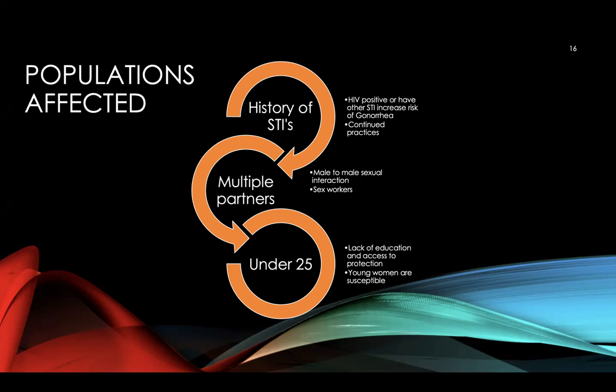And like we said earlier, the younger population, right around age 25, so age under 25, are also a population affected. Some things that might have to do with this is lack of education and or access to protection. And so those go hand in hand. And then kind of with chlamydia having those higher prevalence numbers in women, young women are also highly susceptible.